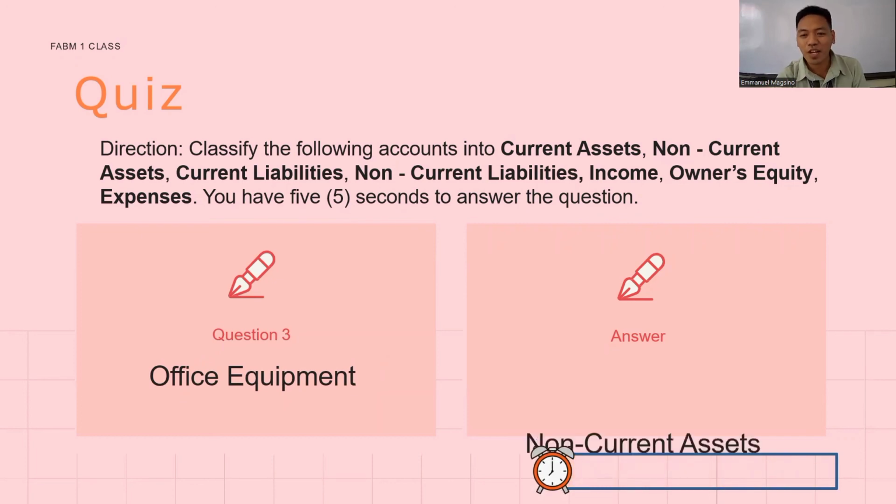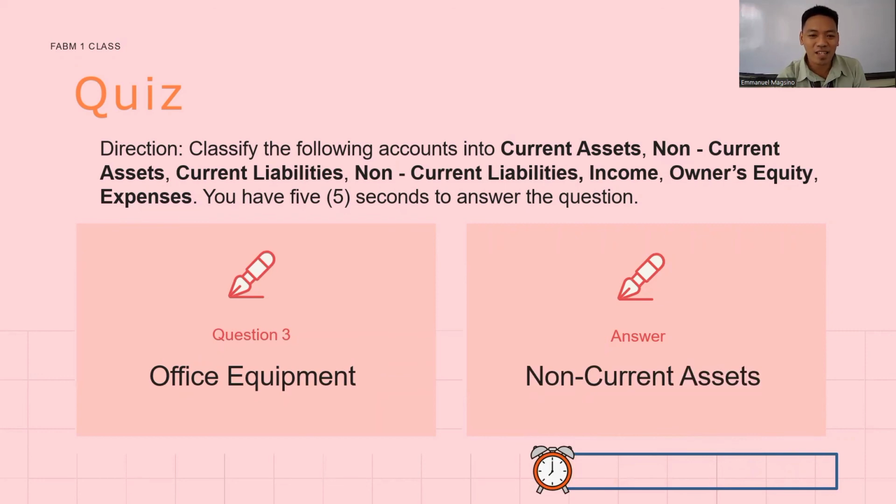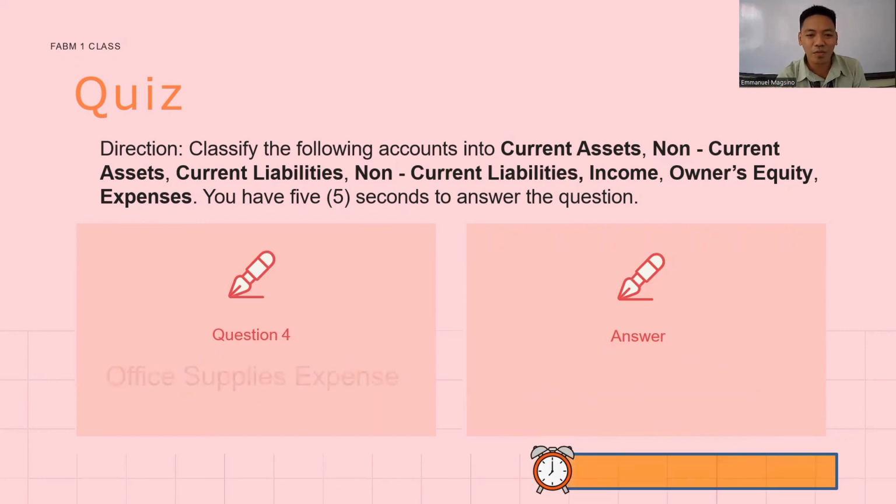Okay, time's up. Correct answer for that, non-current assets. Next, office supplies expense. Okay, correct answer is expense.